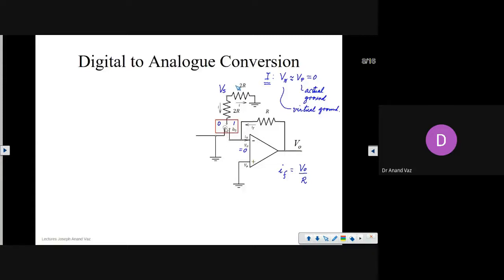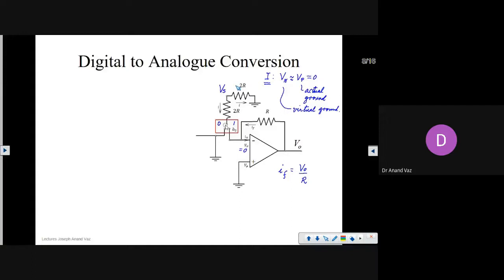If it is grounded directly, that is to the left, its potential is 0. If it is oriented towards the right, if the switch is on, then also you have 0 because it's a virtual ground. So as far as this end is concerned, the potential at this will be 0.